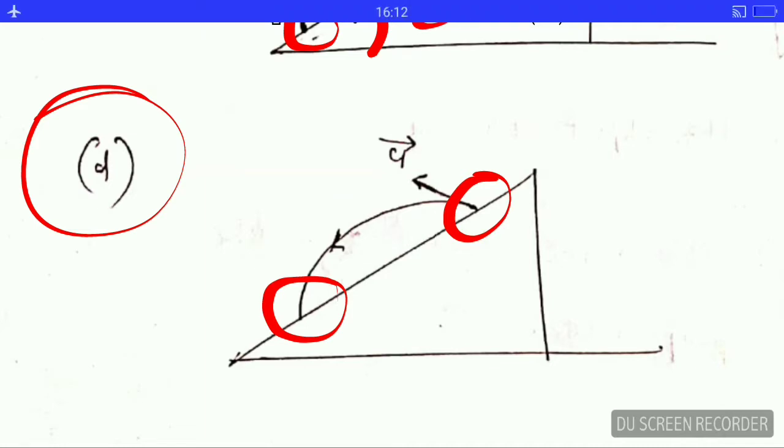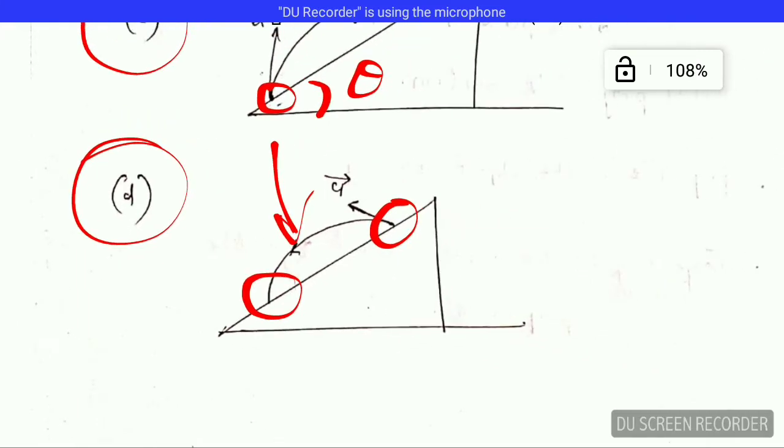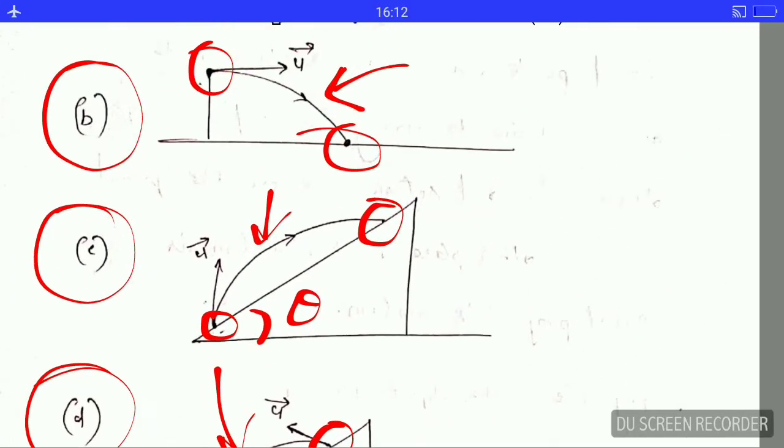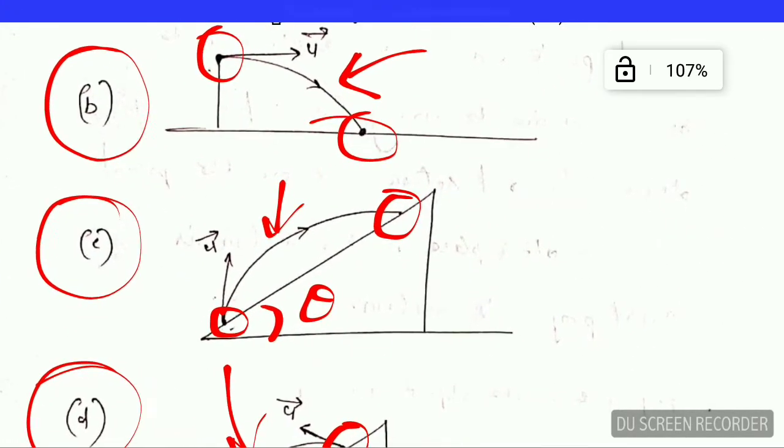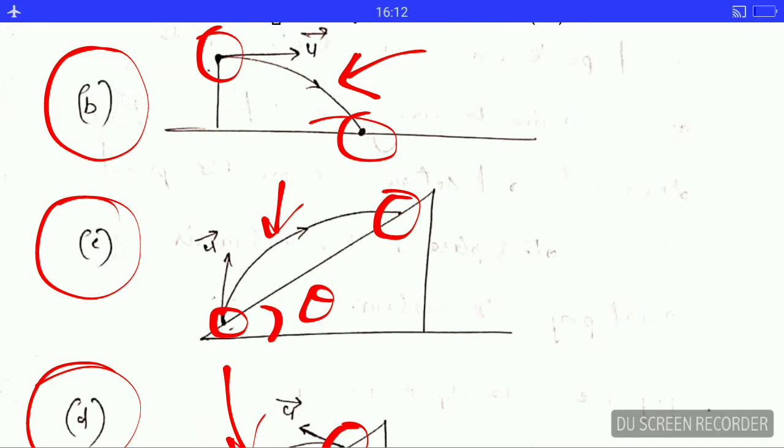So this type of motion is again called projectile motion. So these are the four basic types of projectile motion. There are of course more types of projectile motion that we will discuss in some other lecture, but as a beginner we would like to describe the most familiar projectile motions with their mathematical derivations.